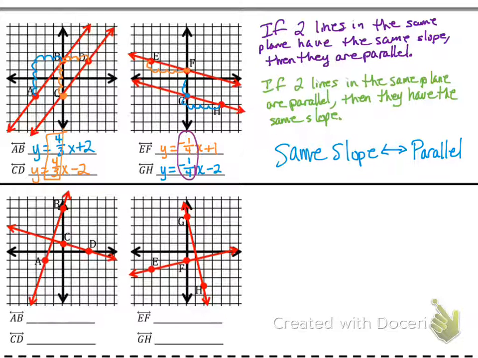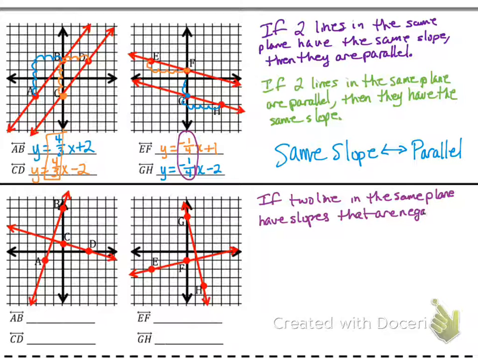Now, if I look at perpendicular lines, if two lines in the same plane have slopes that are negative reciprocals, and we will talk about what that means, then they are perpendicular.